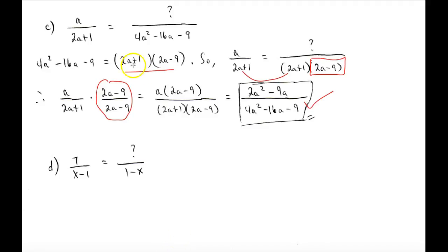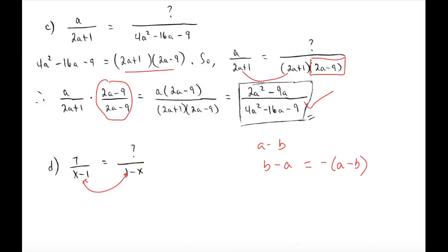Okay, for the next example, notice here we have a situation where the denominators look very similar. And remember earlier when we were saying that a minus b and b minus a only differ from each other because one is the opposite of the other, meaning that b minus a was the same thing as negative (a minus b). Well, we have the same sort of thing going on here.